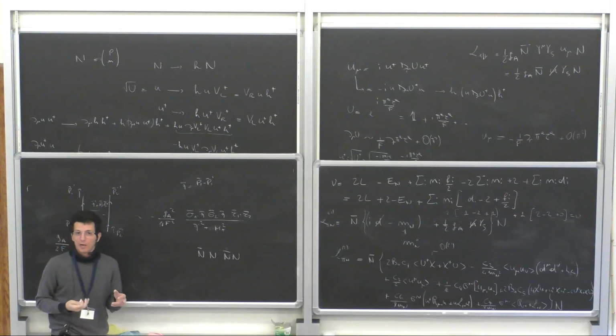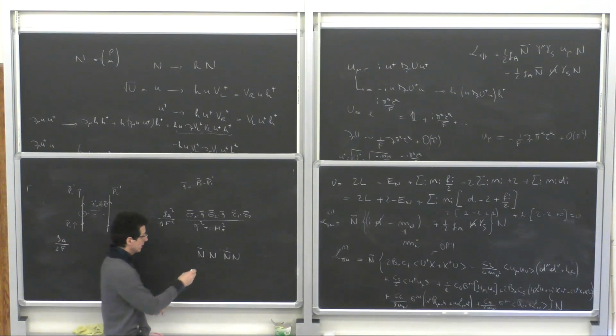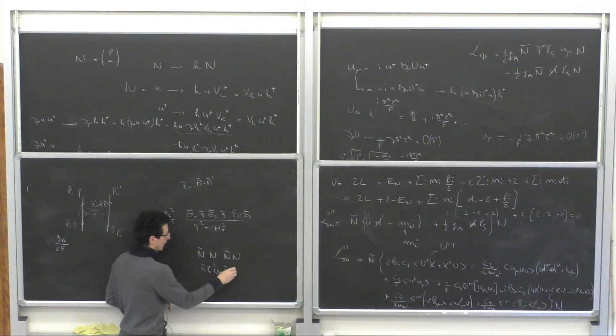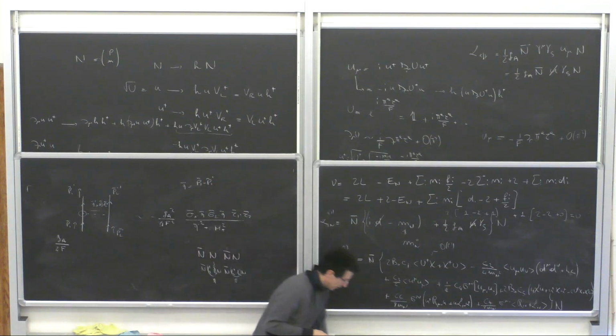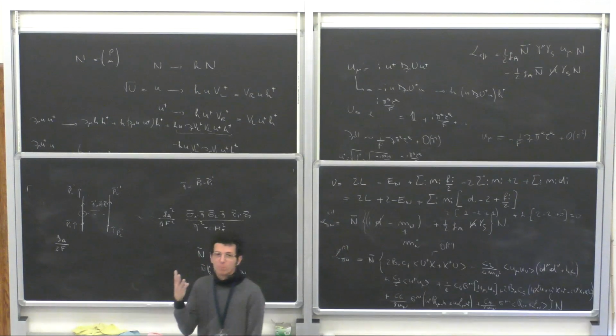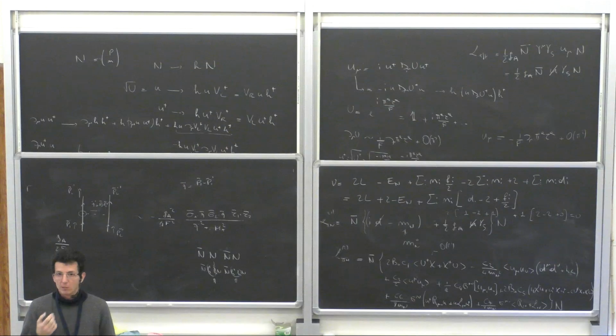Is this chiral invariant? Yes, it is. Why? Because remember, this scales like n bar h dagger h n bar h dagger h n. And this is unity. This is unity. So it is allowed. It is a possible term of the effective Lagrangian. It will involve 4 nucleon fields, 4 fermion fields.